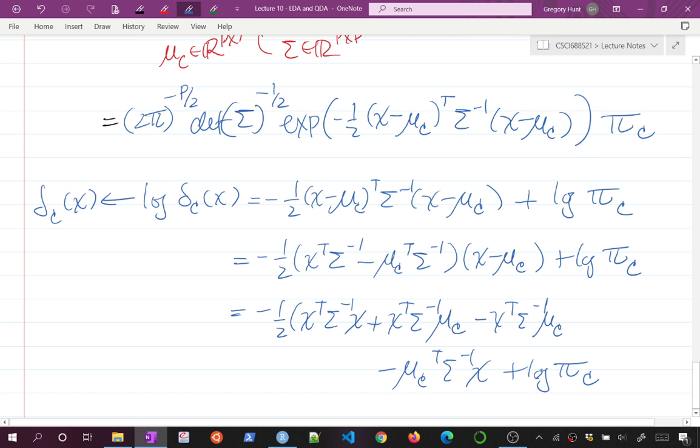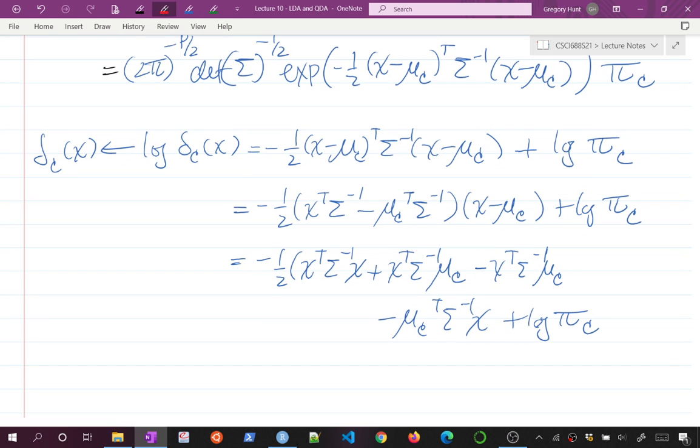Now, what don't I actually care about? My 1/2 wraps around all of that. So I think that works. X transpose sigma inverse x. Minus x transpose sigma inverse mu c.